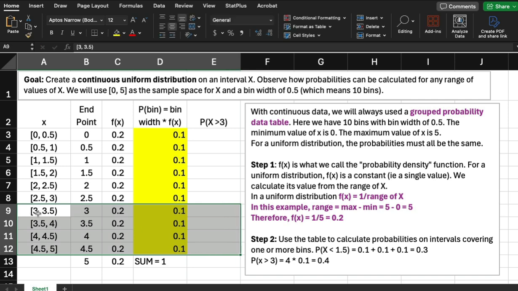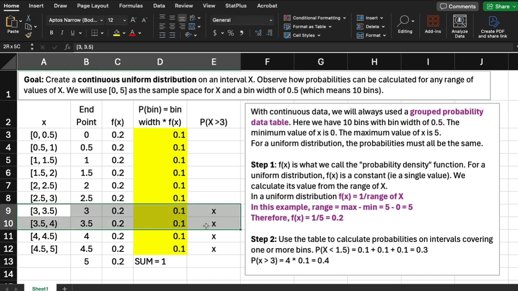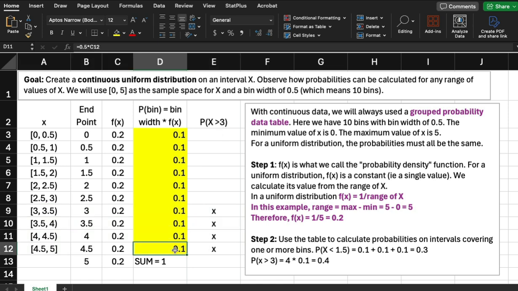So starting with 3 and going all the way up to 5, right? So 3.01 or 3.1 we want to count. So 3.1 is in the bin here, all the way up to 5, right? So I'm counting this, this, and this. Those 4 bins cover all x's greater than 3. So how many 0.1s do we have? We have 4 of them. So 4 times 0.1 is equal to 0.4. Okay?